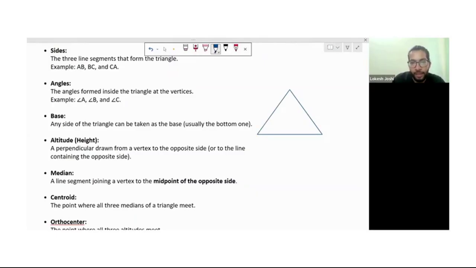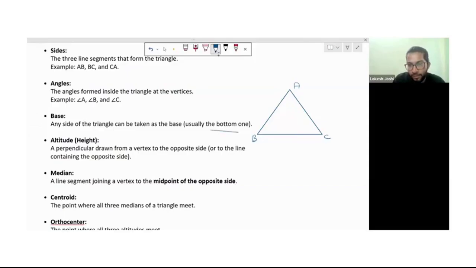Suppose this one is the triangle and its name is ABC. So it's written there, any side of the triangle can be taken as the base. Okay, so we can say AB is the base or AC is the base, BC is the base. But when the triangle is made like that, then generally we take the bottom one as the base.